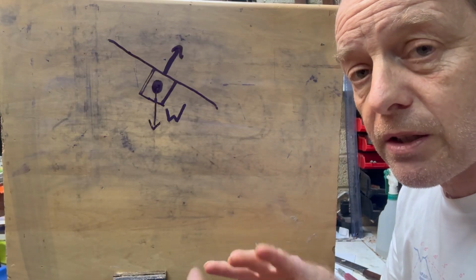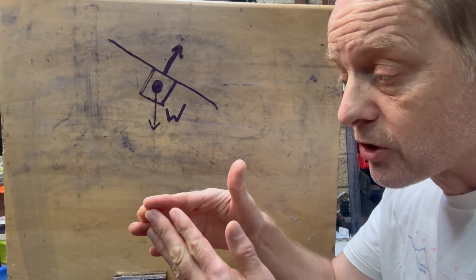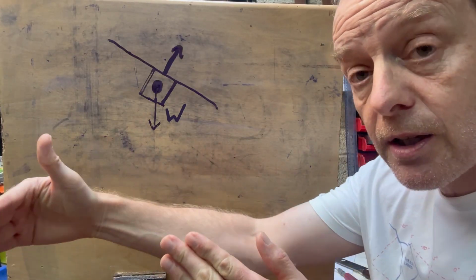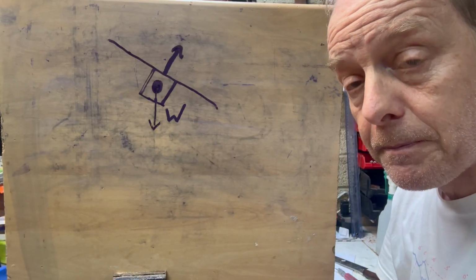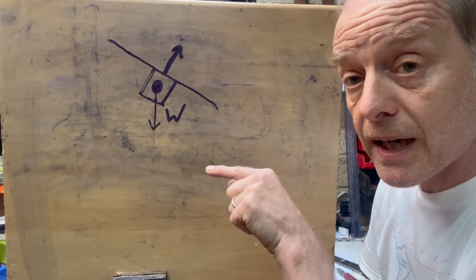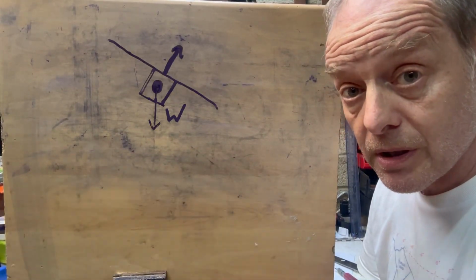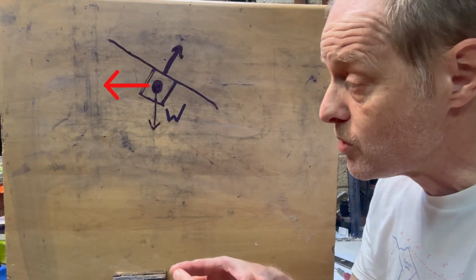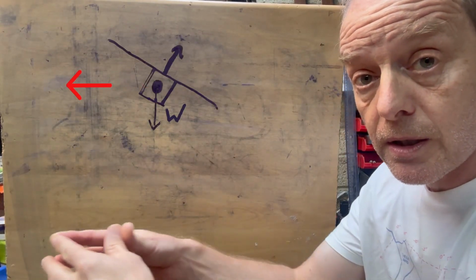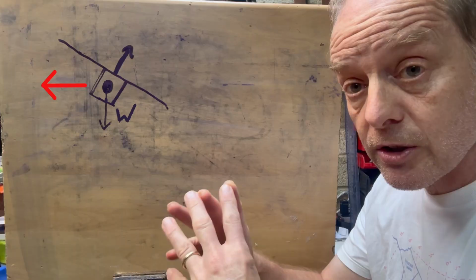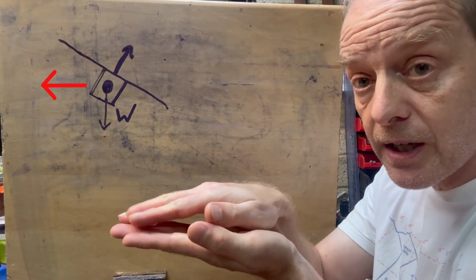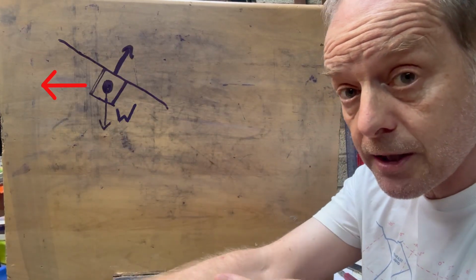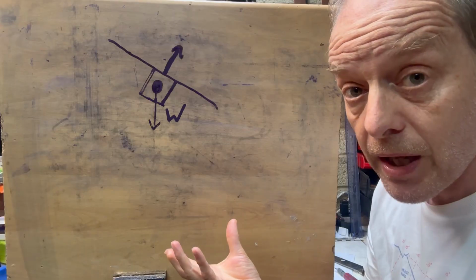And in order to make the thing turn, you need something which is a little distance from the centre of gravity. If I apply a force directly in line with the centre of gravity, what it's going to do is move the centre of gravity. It's not going to rotate it. There's no rotation. You have to have a distance so that you can rotate it. We don't have that here.